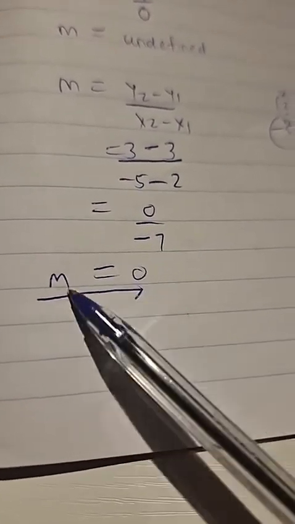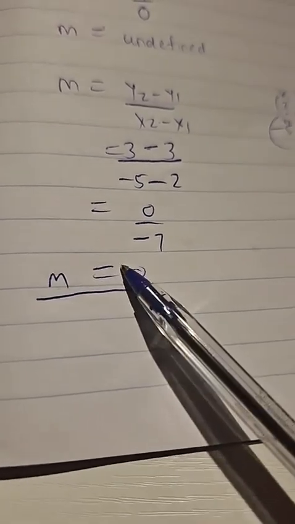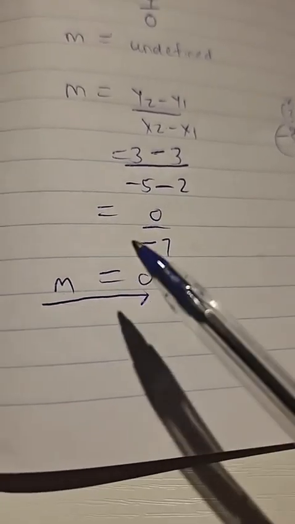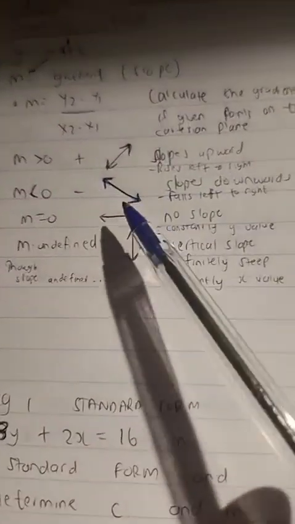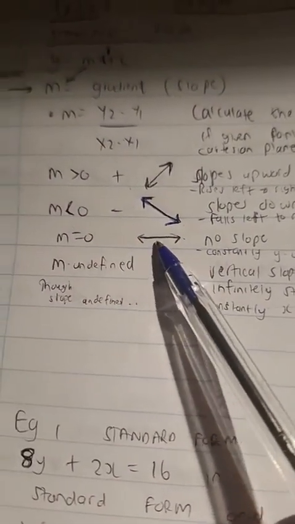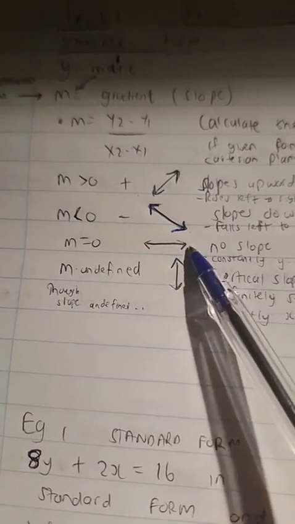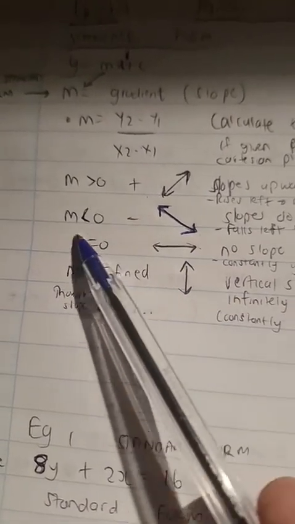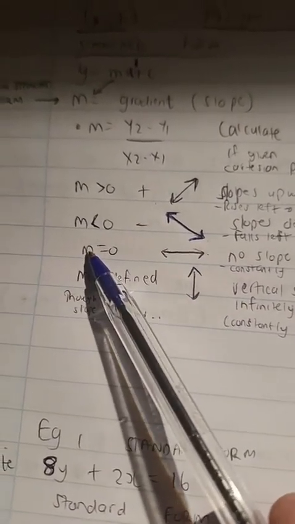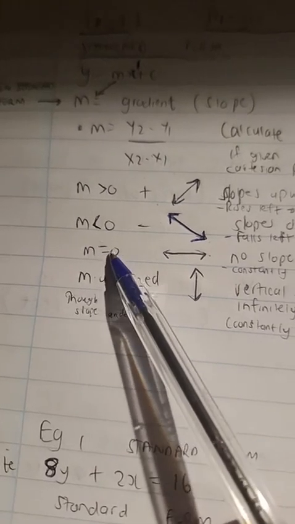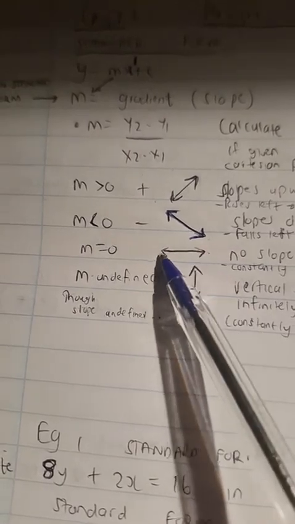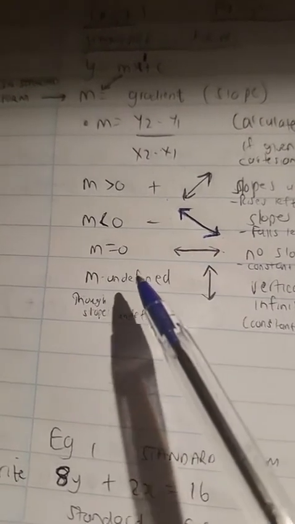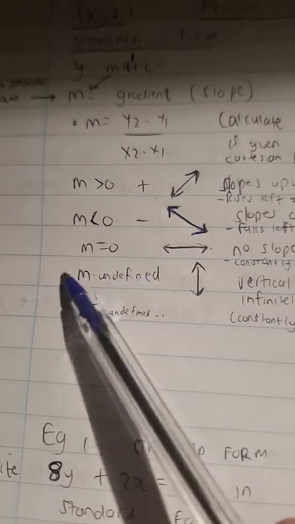So what kind of straight line are you expecting to sketch that has a gradient of 0? Yes, thank you so much. Whenever the gradient is 0, you expect to sketch a straight line that is horizontal, as opposed to the straight line where the gradient was undefined just a few minutes ago.